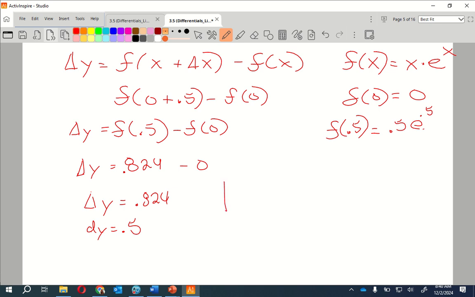So absolute value of 0.824 minus 0.5 is going to be 0.324. Did I get that right?